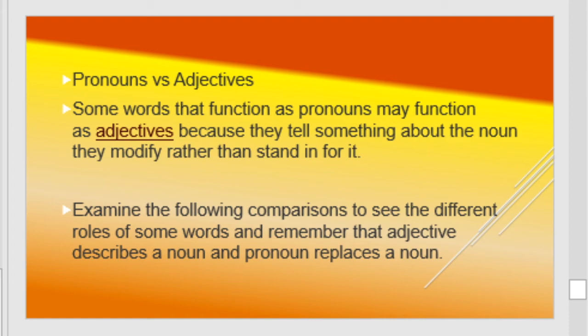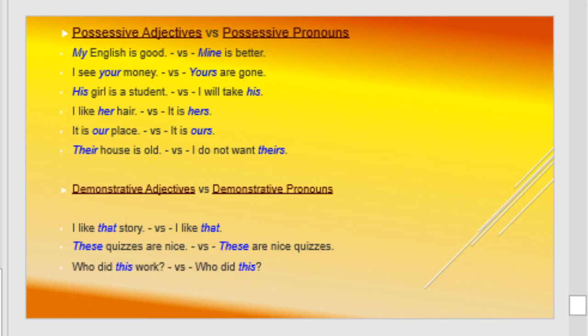Examine the following comparison to see the different roles of some words, and remember that an adjective describes a noun and a pronoun replaces a noun. Always remember that. Here, possessive adjectives versus possessive pronouns. My English is good. Mine is better. I see your money. Yours are gone.